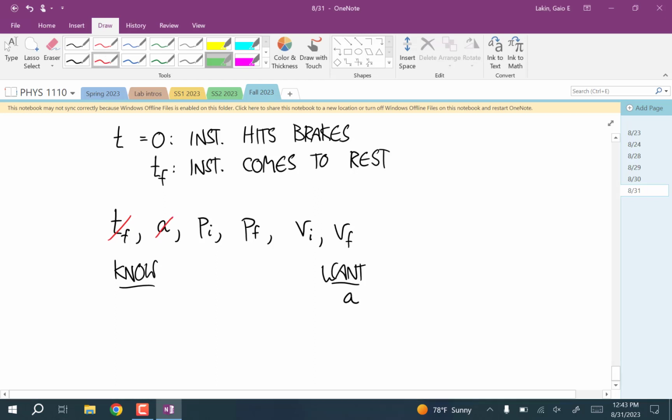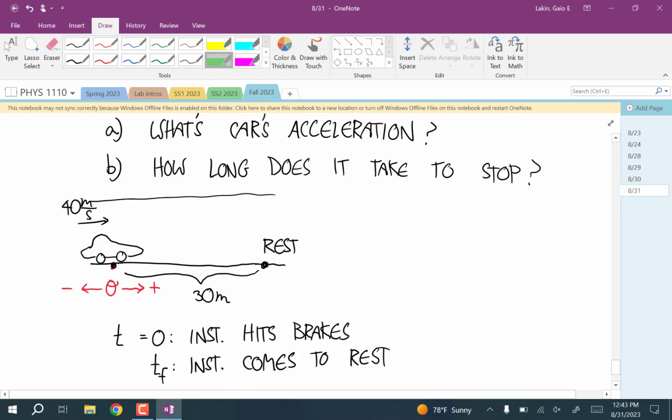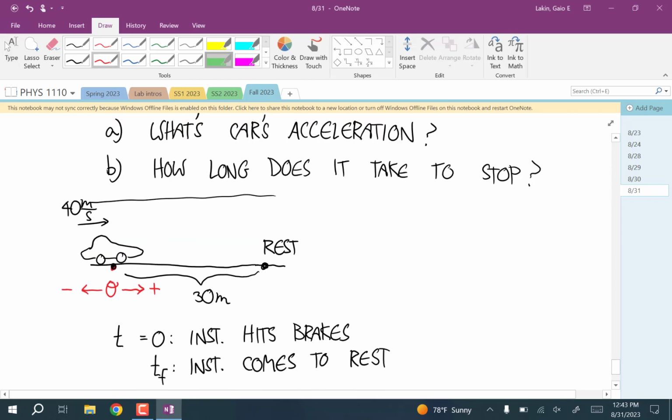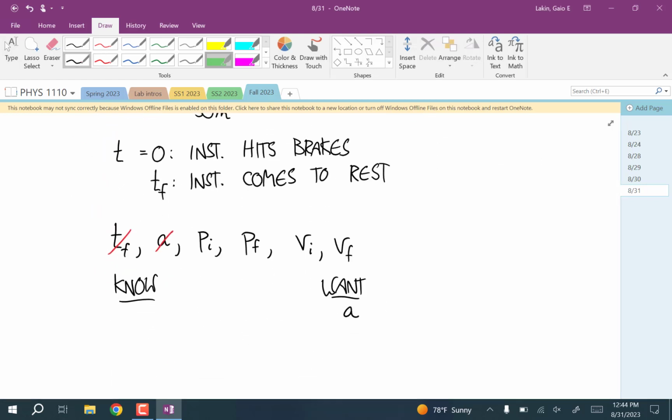Do we know the position at time equals 0? Okay, so time equals 0 is when the car is right here. Do we know its position? We do, it's 0. That's where we chose our 0. So Pi is equal to 0.